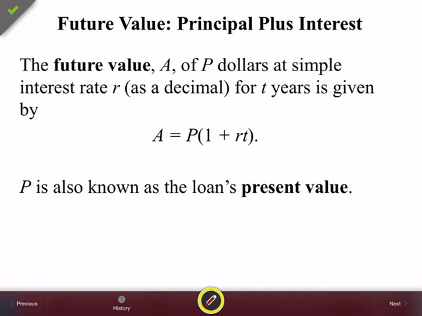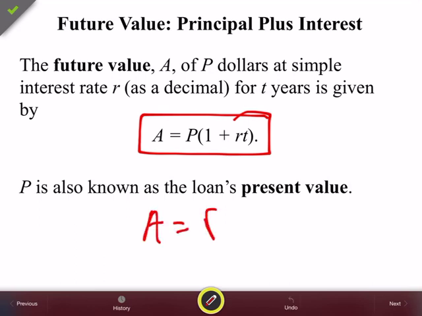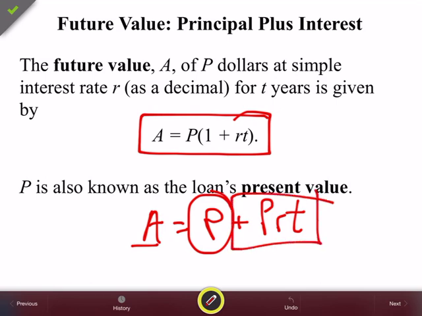So what this formula does, and another way of working this out, is if I were to distribute that P, I get P times 1 is P, and then P times RT is PRT. So what this formula is really doing is it's saying, well, the future value is the principal, the present value, plus this PRT, which is interest. So it's the principal plus the interest amount.